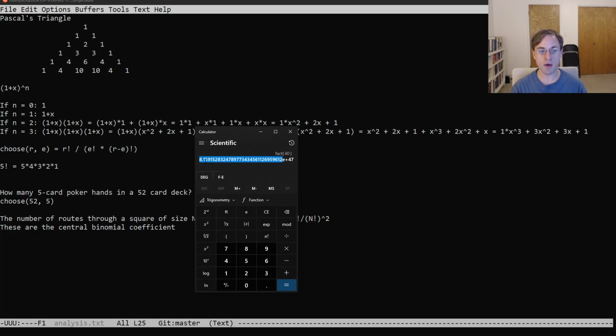We actually need all the significant figures in order for this to work out. And so it's fortunate that our calculator here is capable enough that we're able to calculate our answer. But that might not always be the case.